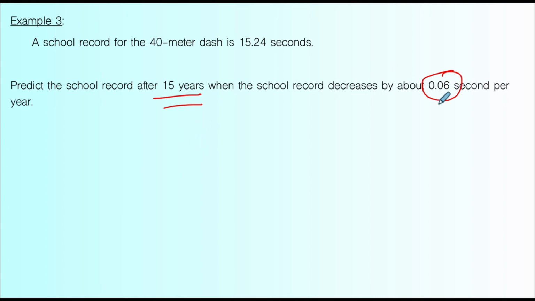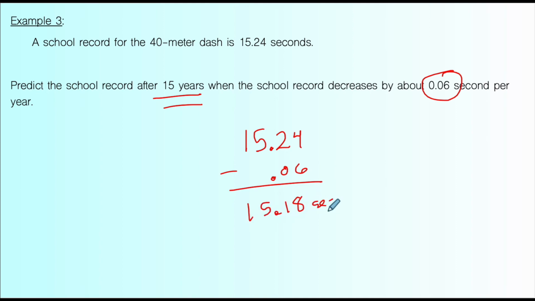They increase their speeds by about 6/100ths of a second. So that means if the record was 15.24 the first year and it goes down by 0.06 after 1 year, that would be 15.18 seconds.